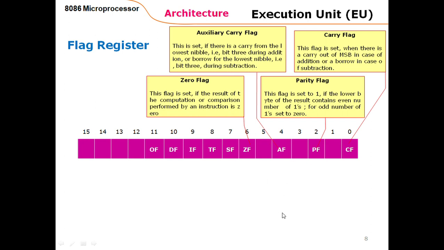And if the result is not 0, then the zero flag is 0. In case of comparison, if we compare two values and the result is all 0, then the zero flag is set to 1. Otherwise, it is 0. So the zero flag tells us whether the result of the computation or comparison was all 0 or not.